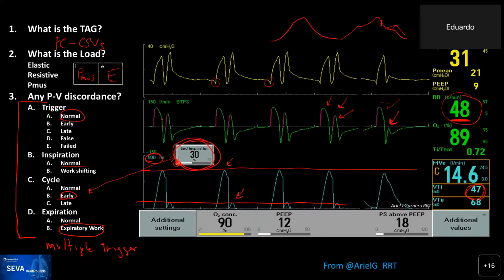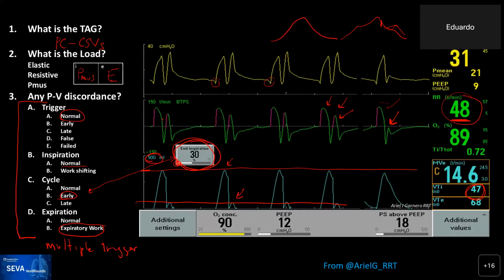It can also happen, and this is another type of dyssynchrony that has been described, in which you may read it as an early trigger, or an early cycle, but the trigger of the breath was actually the relaxation of the expiratory muscles.